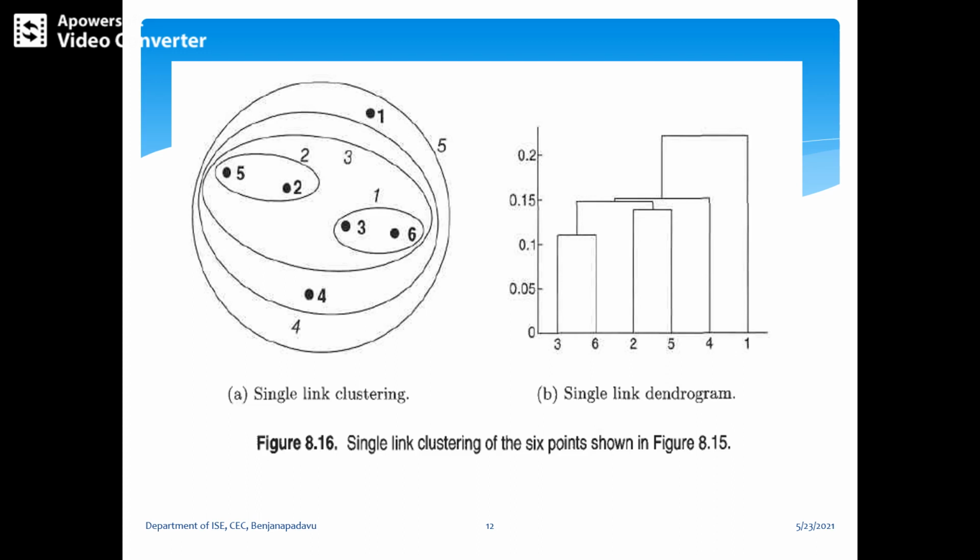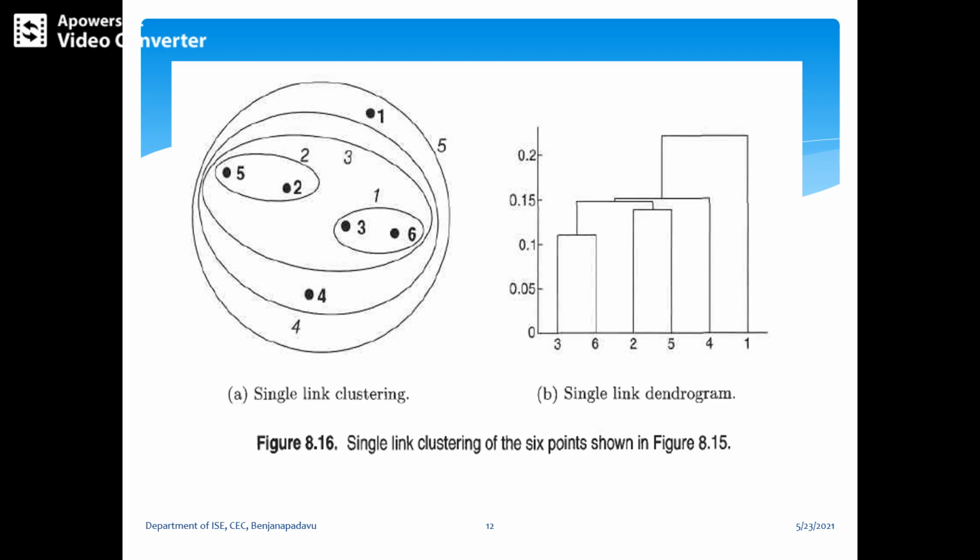Figure b shows the same information as a dendrogram. The height at which two clusters are merged in the dendrogram reflects the distance of the two clusters. For instance, in table 8.4 we calculated all the distances, including the distance between point 3 and 6, which is 0.11.